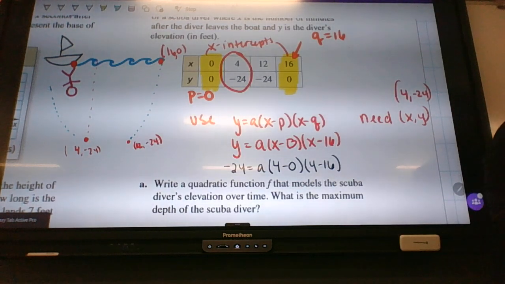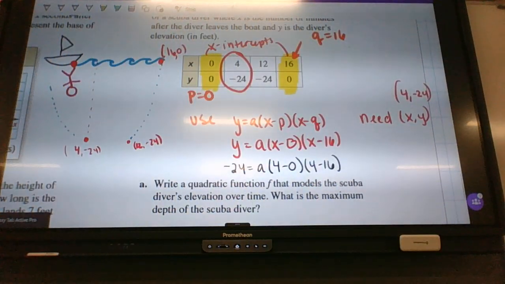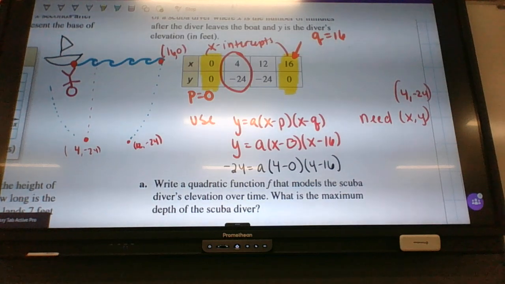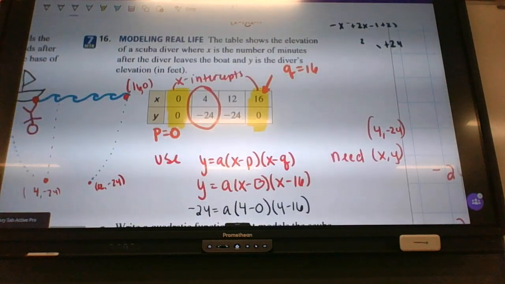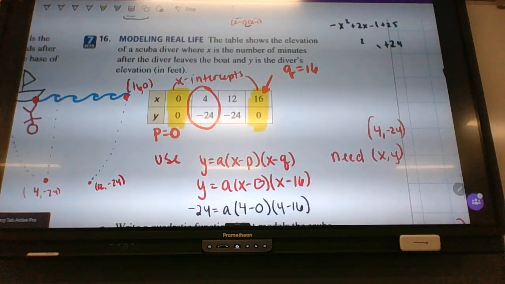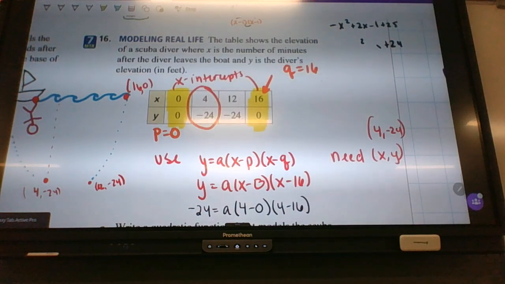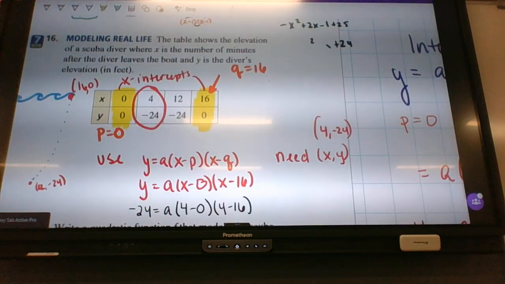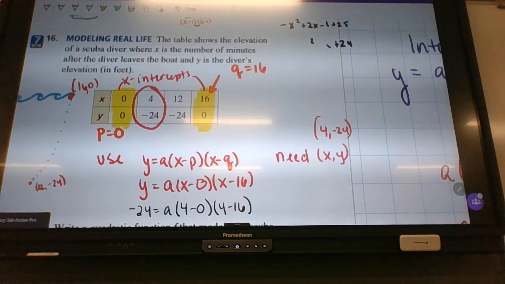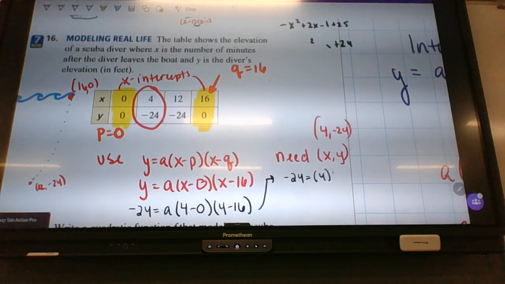And I'll wait a minute and let you guys find a. Maybe it's negative 1 again. It's not. It's a function, isn't it? Oh.